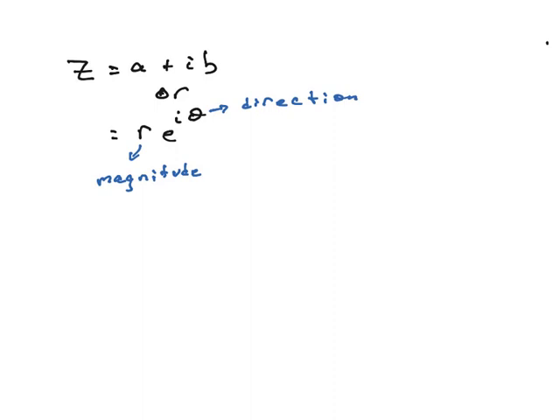Now, more generally, this is also called the argument. So sometimes when you're looking at math textbooks, you'll see the arg of z. That basically means the direction, the argument. It's this number theta here.